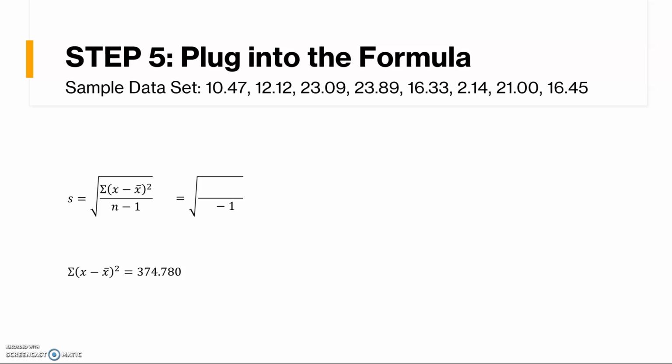So I'm going to plug that in right on top. Now, what is little n? Well, that's how many numbers we have in our data set, and we have 8. So that will be an 8. Then we will simplify. 8 minus 1 is 7. And then we're going to divide 374.780 by 7. And that will give us the square root of 53.540.